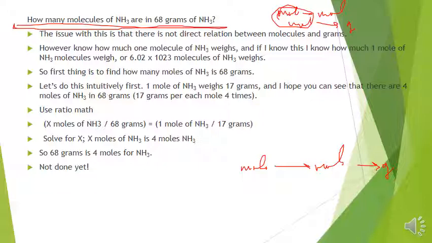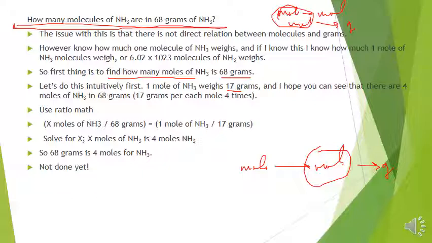So first, find out how many moles of NH3 we have. One mole is 17 grams, so you find out how many moles is 68 grams.